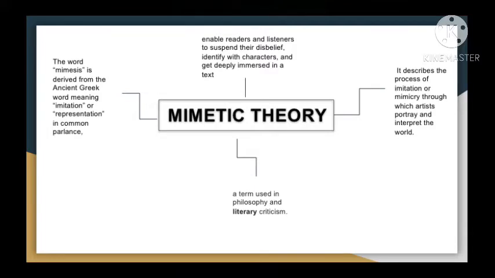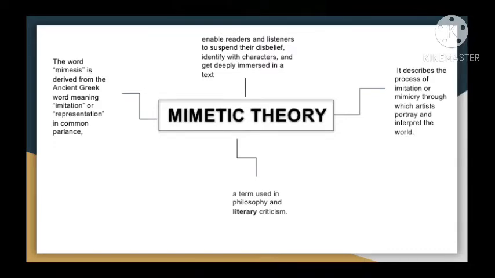It is also a term used in philosophy and literary criticism, and it enables readers and listeners to suspend their disbelief, identify with characters, and get deeply immersed in a text. Some literary artists base their works on real life events.